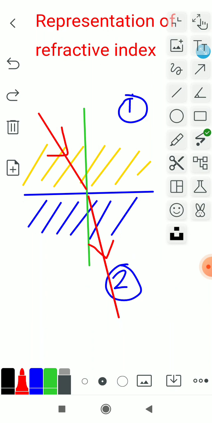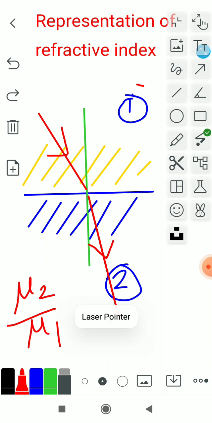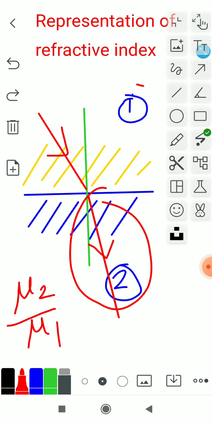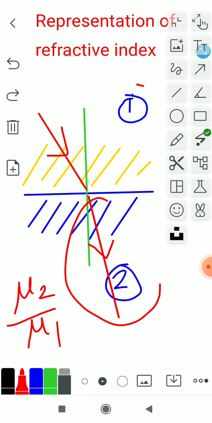When the light ray is coming from medium 1 to medium 2, we write mu 2 by mu 1.